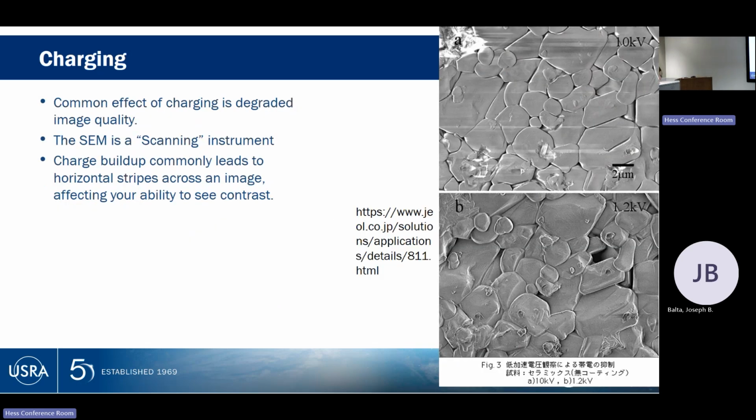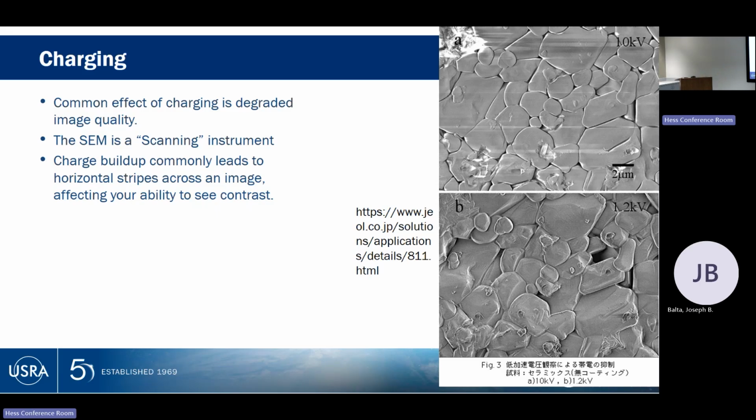All right, let's see a little bit more of charging. We've talked about charging being able to move stuff. Here is charging affecting our image quality. The horizontal stripes that you see in this image are charge building up and going across the sample.